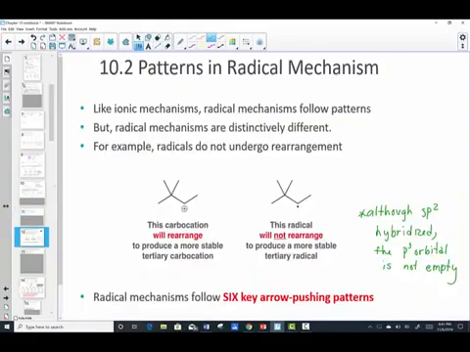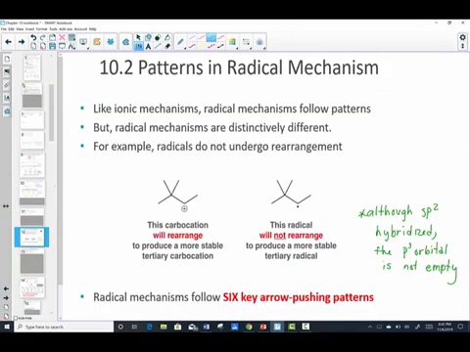Let's talk through the second section of our chapter, patterns in radical mechanisms. We will see that there are 6 general patterns that we will need to memorize as we go through this section. So recognition of the 6 mechanisms will be critical in this section.